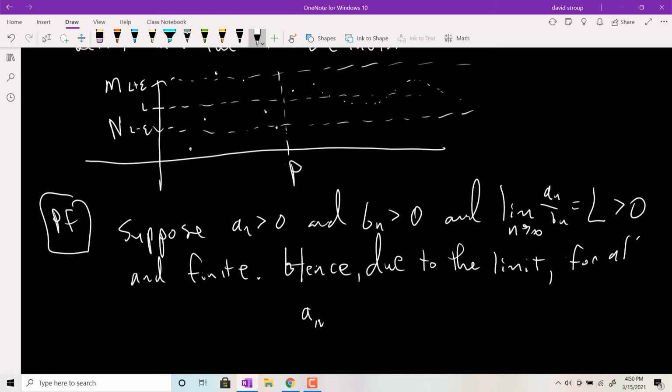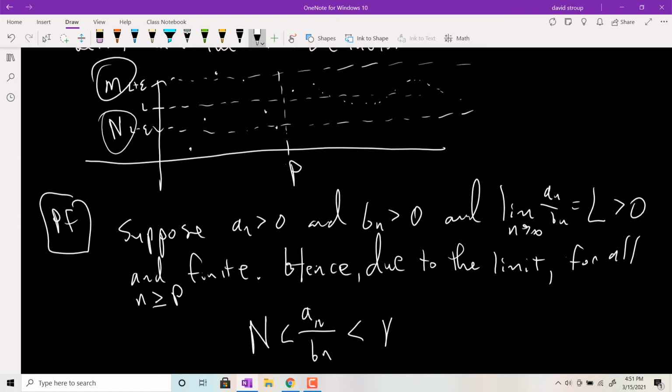So for all n greater than or equal to p, this sequence a sub n over b sub n will be bigger than this little m right here, and less than this big M up there. Okay. And because a sub n and b sub n are greater than 0, you can make it so that little m is also greater than 0. Okay, and this will happen for some value n greater than or equal to p.